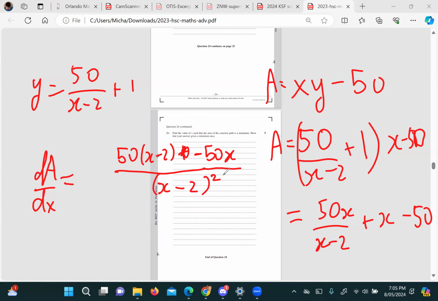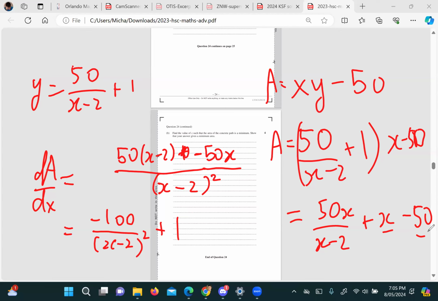Then after I expand the brackets and cancel out 50x and minus 50x, I'm left with minus 100 on x minus 2 squared. And then the derivative of x is 1, so the x becomes 1 and the 50 becomes 0. Okay, good.